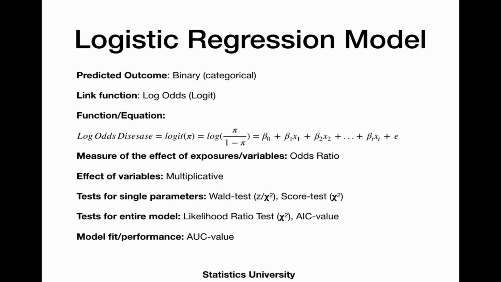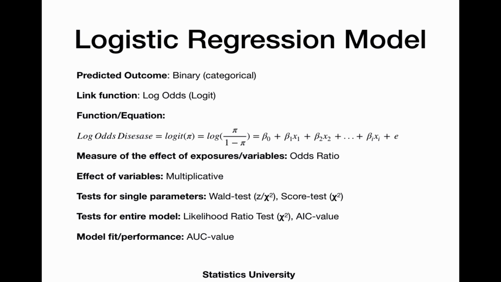And in logistic regression models, we try to model a binary categorical outcome. And we do that by using the link function log odds, which is sometimes also called logit.